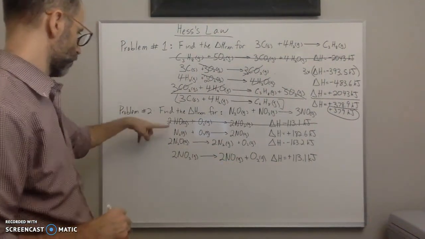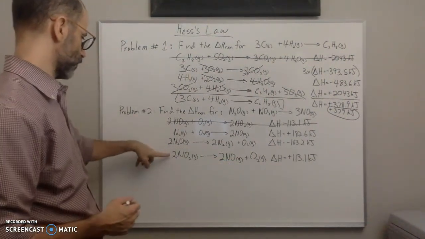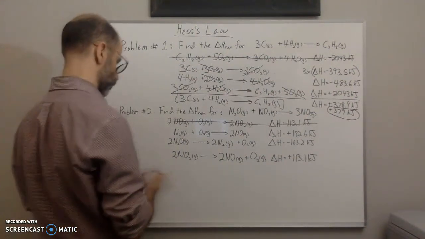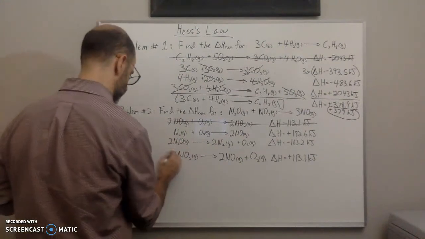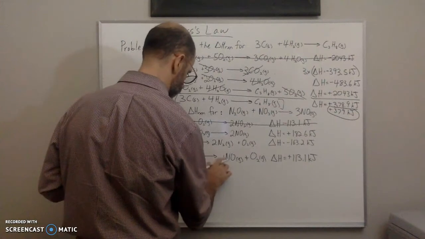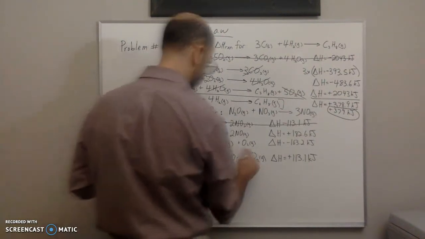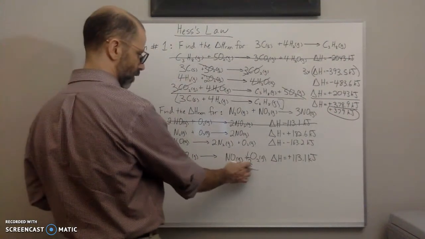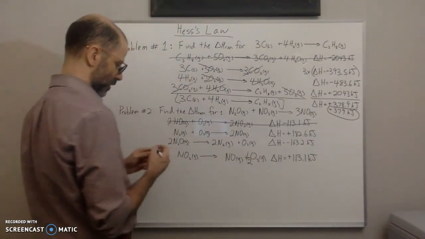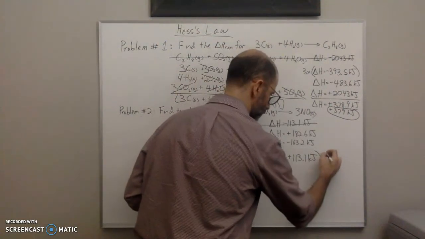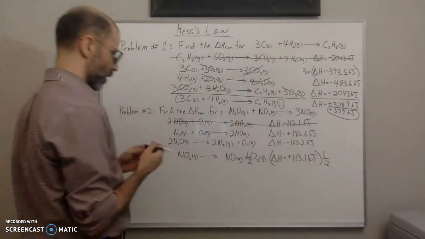So instead of multiplying this by half, I could divide this by half, which would be useful as well. So if I divide this by half, then this goes to 1, this goes to 1, and then this goes to 1/2. So I have a half of oxygen gas. But then again, I also have to multiply this by a half as well.